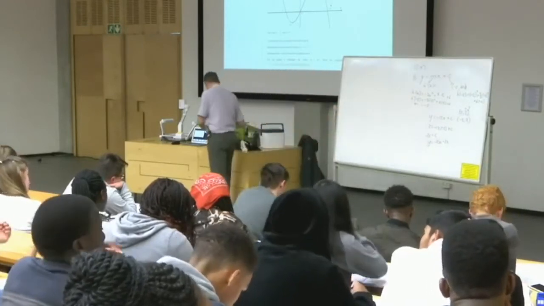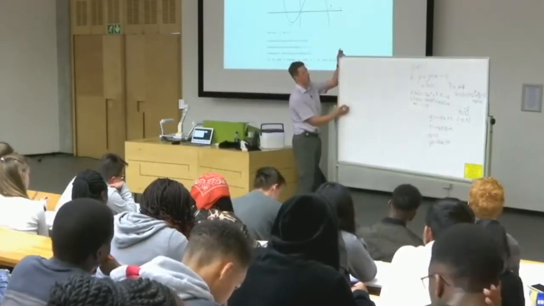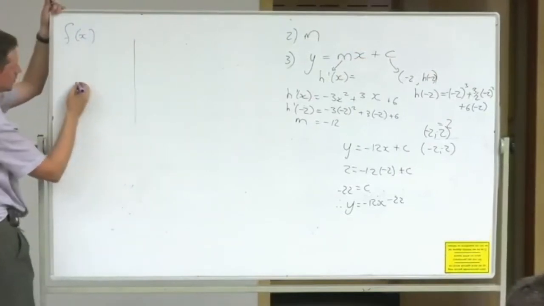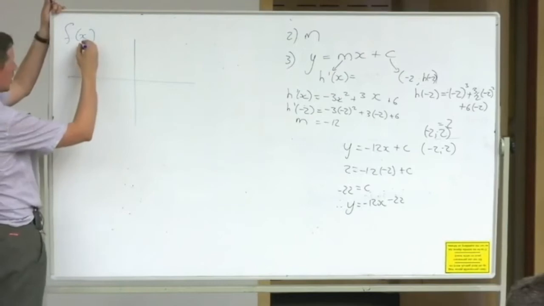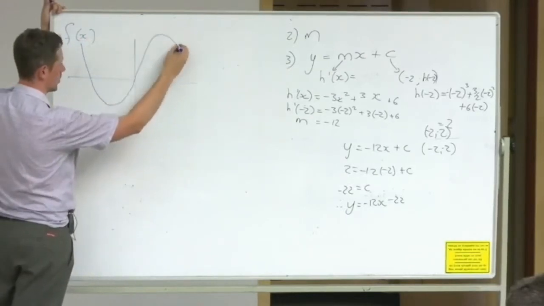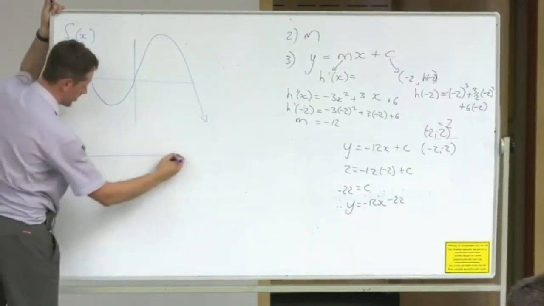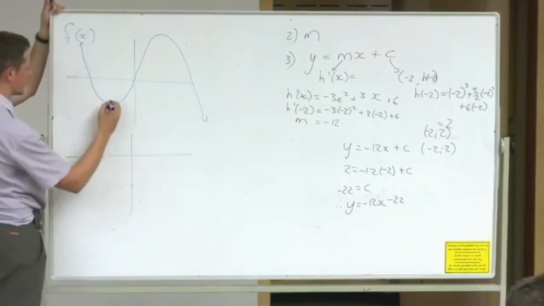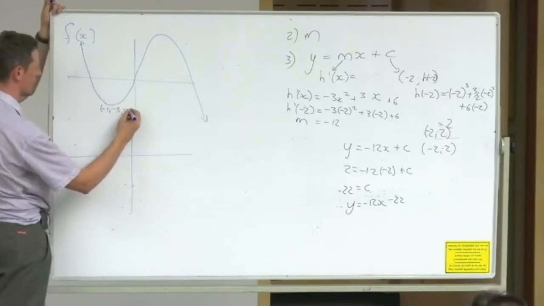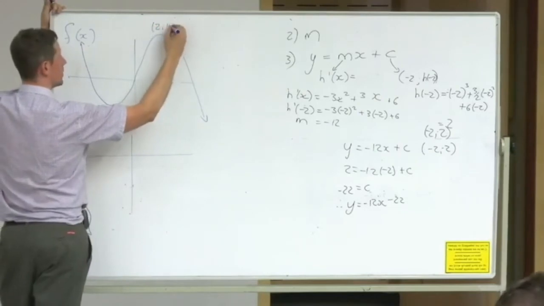Okay. So let's quickly draw. I'm going to draw f of x on this board. So if I look at f of x, it looks like this, and that, okay? So now my question is, it has a turning point here at (-1, -3.5) and at (2, 10).